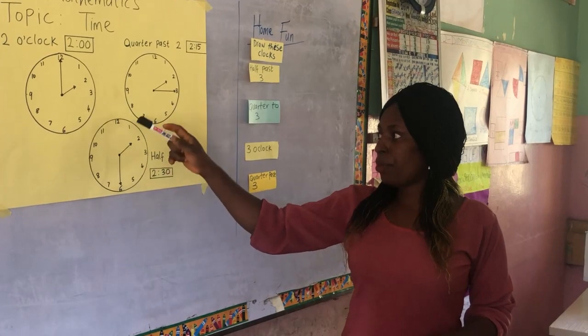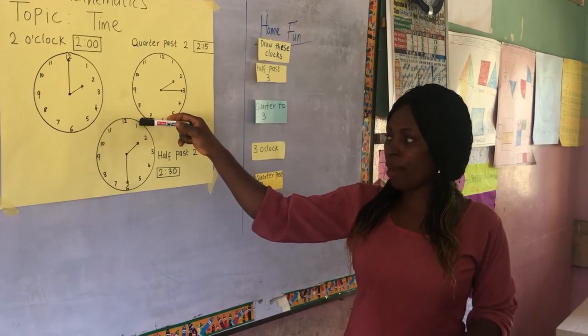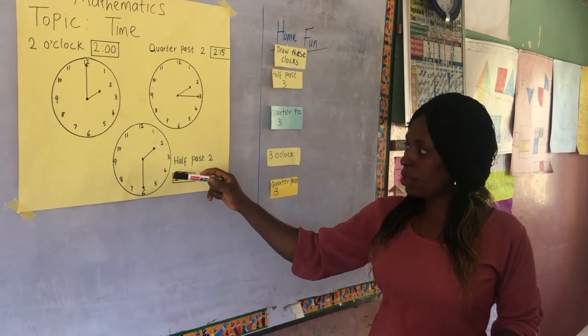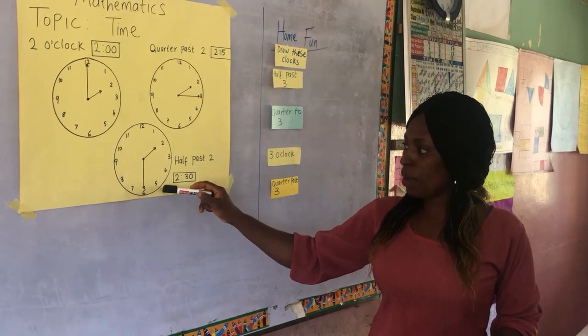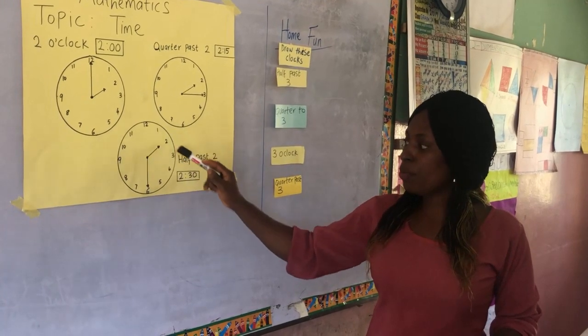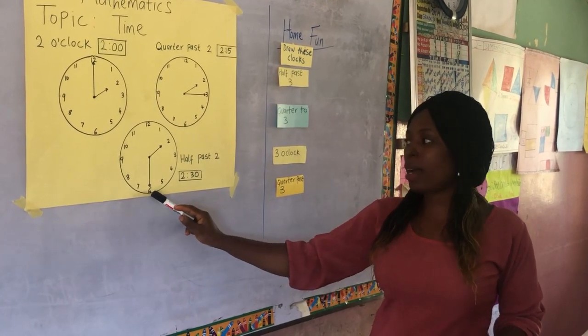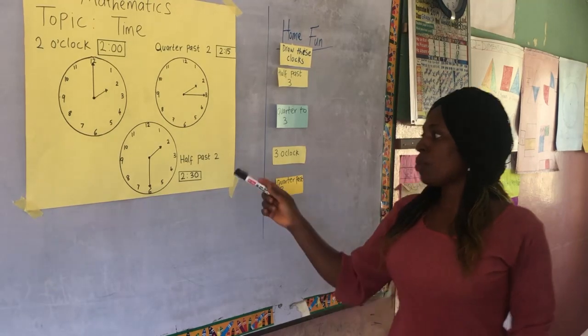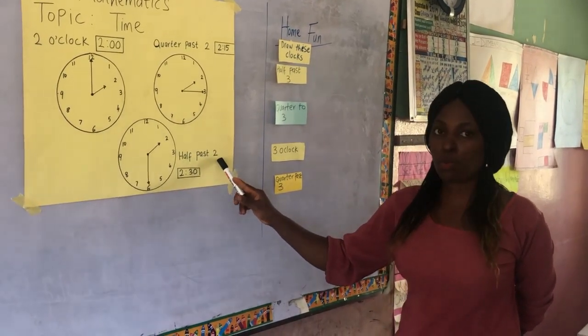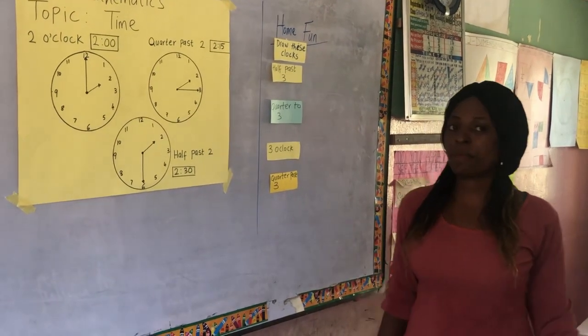And when we count from 12 to 1, we have 5 minutes, 10, 15, 20, 25, and 30 minutes. So this minute hand has moved down to 30 minutes past 2. That is why we say the time here is 2:30.